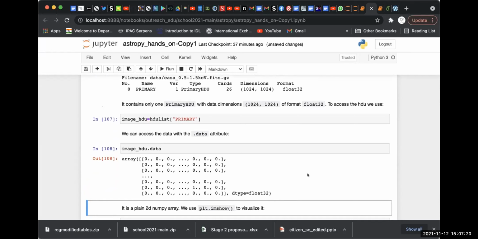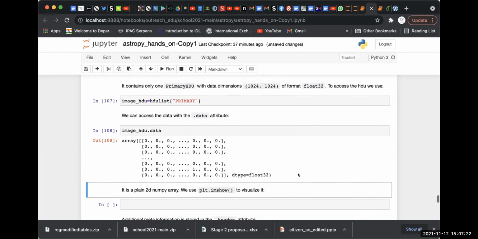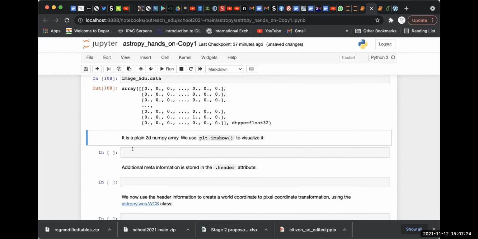Now, what if I want to see this image? Let us try to see it. We are once again going to use matplotlib. If you remember matplotlib, I will use PLT and imshow, which is to show the image. The image I want to show is exactly this image HDU data.